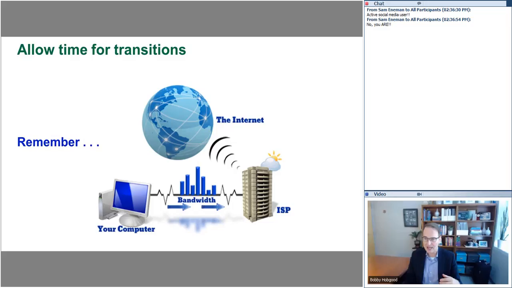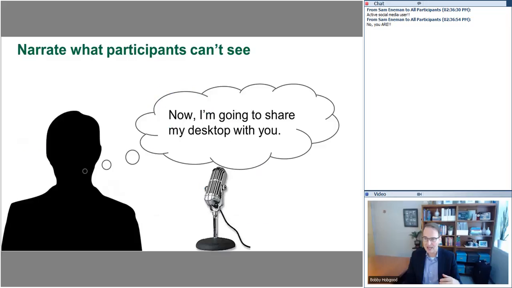But when we do meet at another time, I'll have to take into consideration any kind of drag that would be caused by her being across the big bathtub, as they say. But then Sam also raises the point that here in North Carolina, we may have students who are participating with us from other parts of the state where perhaps their connectivity is not as great. So make sure you allow for those transitions.